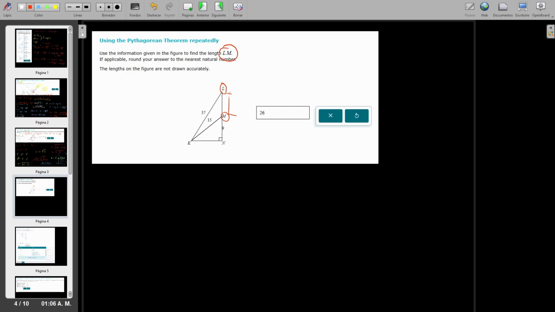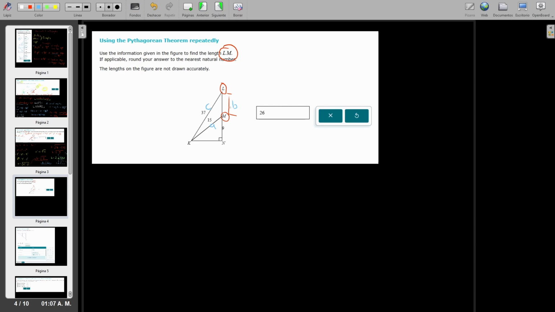Okay? If we use Pythagorean, we can say that the value of 15 is going to be A, and the value of 37 is going to be C. So we will need to find B. But no, actually LM.